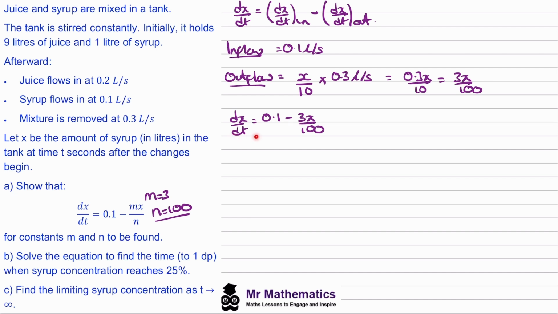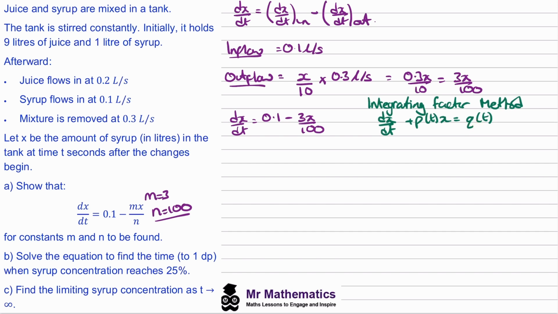And you can see this is a first order linear differential equation, so we'll solve it using the integrating factor method. And this is where we have the form dx by dt plus p of t, or a constant, multiplied by the x term, is equal to a different function of time, or again another constant.